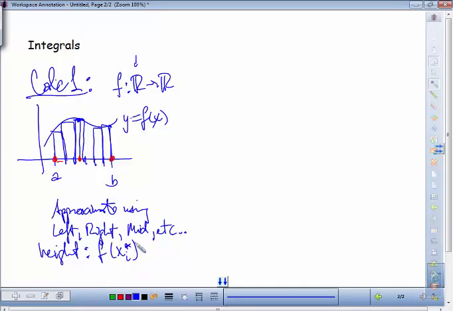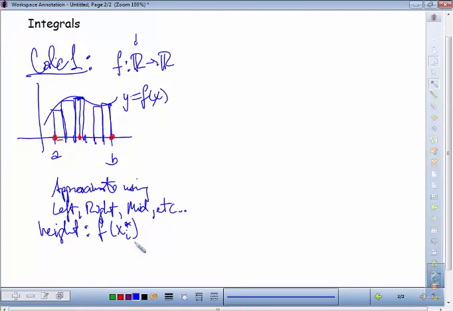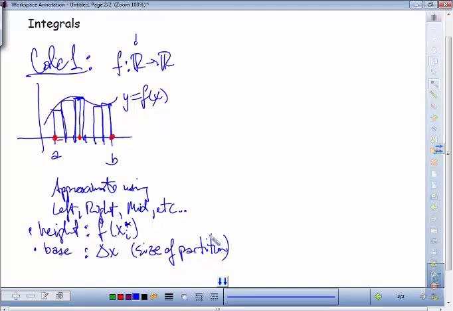And we usually call it x_i star, or x_i or x_{i-1}, depending on what you're looking at. And then the area is base times height. And then the delta x is like the length of the partition.